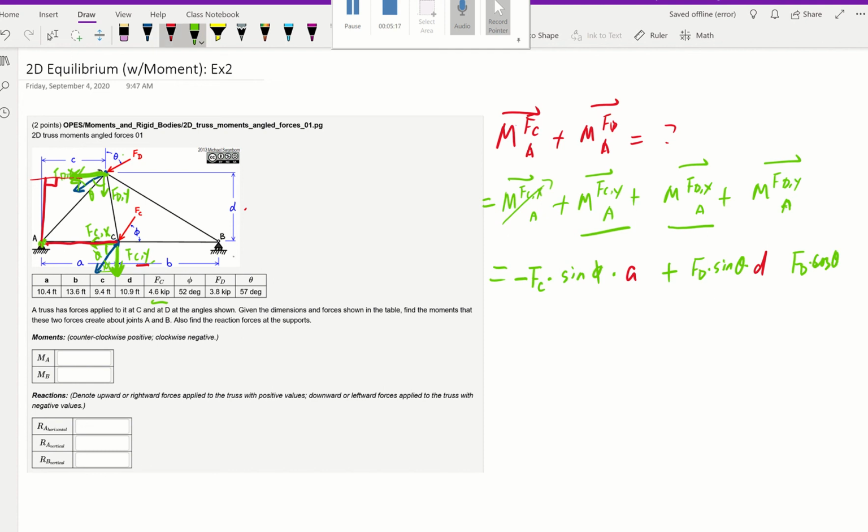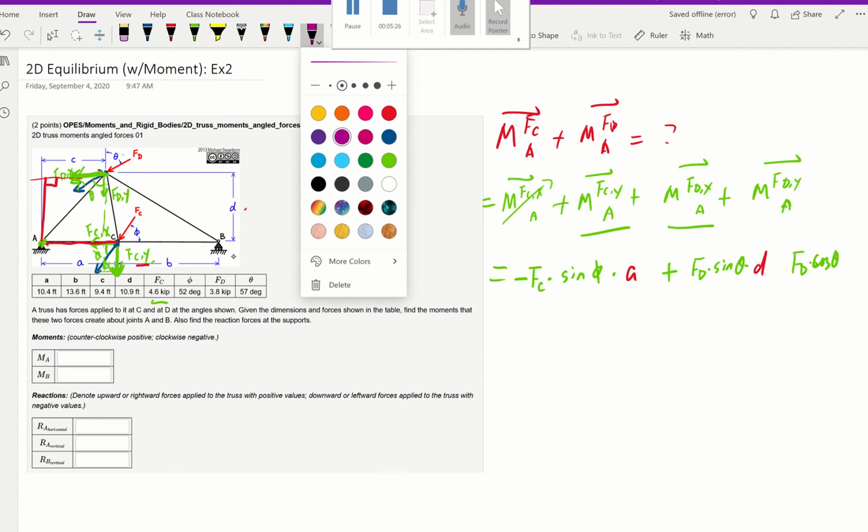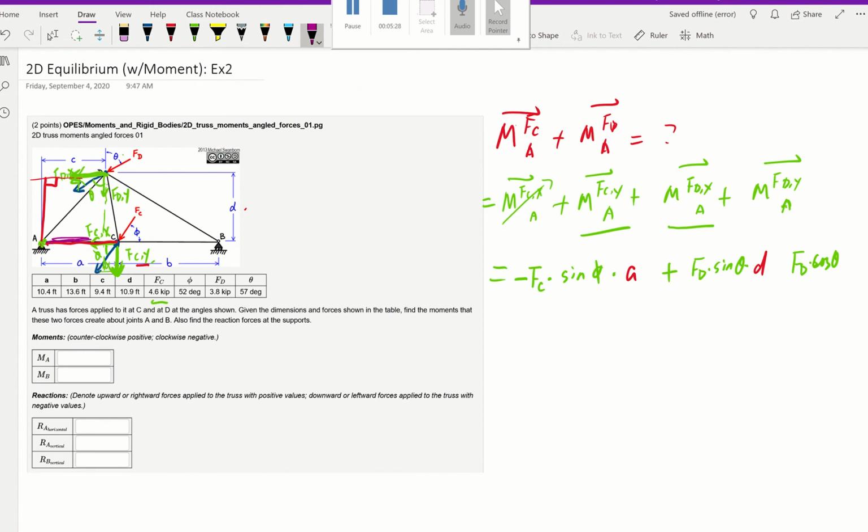Now thinking about the moment arm, first you extend this, then you draw, I'm going to use purple, from A perpendicular to this force. That will be that distance, which is the dimension C. And now let's think about this force rotating about A. That's a clockwise rotation, so it's going to be negative.